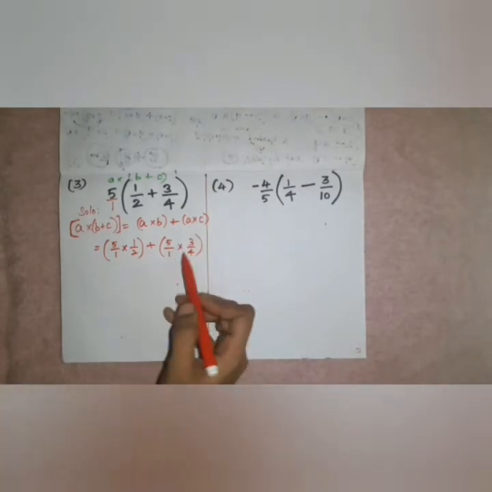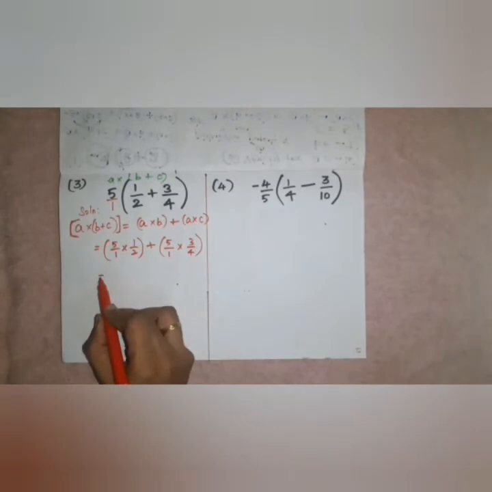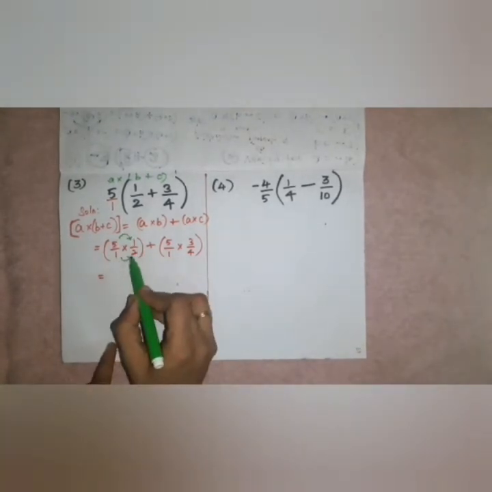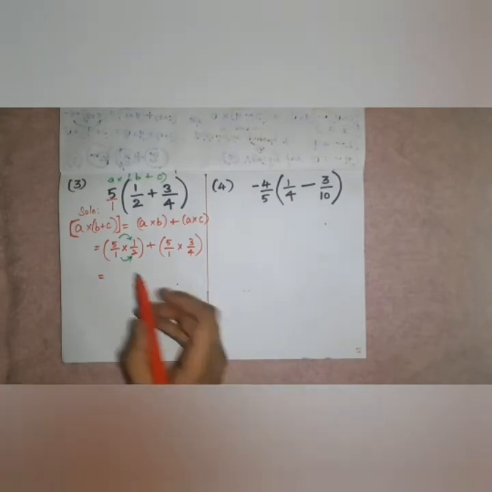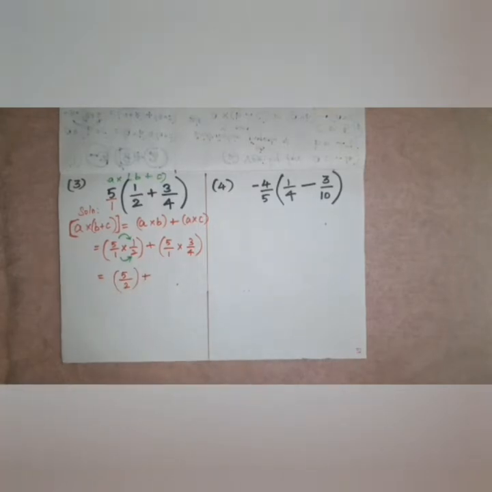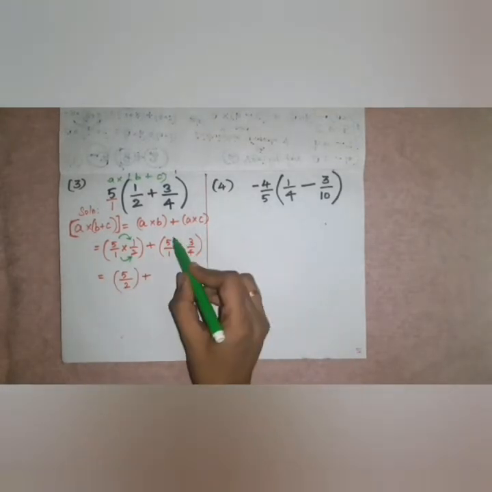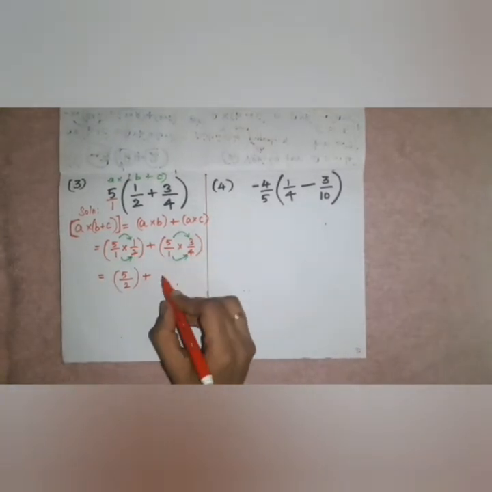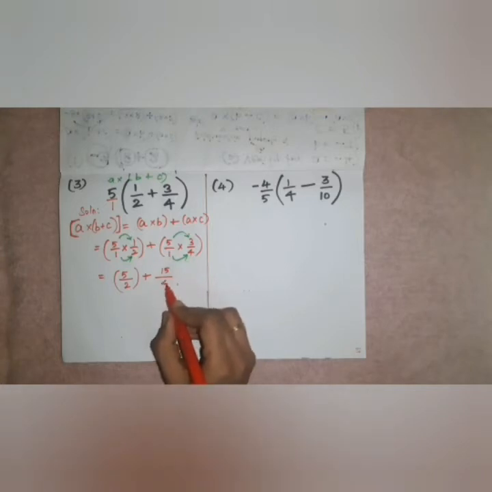We cannot cancel here, so we multiply numerator by numerator and denominator by denominator. 5 into 1 is 5, 1 into 2 is 2. The middle plus. Again you can't do cancellation. 5 into 3 is 15, 1 into 4 is 4.